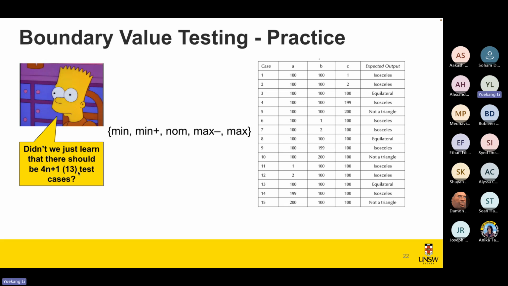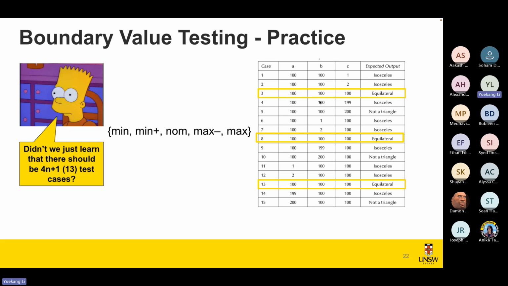Why do you think it is like this? So why do we have 2 more test cases? It should be 13, right? And it is known as 4n plus 1, but why? Oh, yes, that's the correct one.